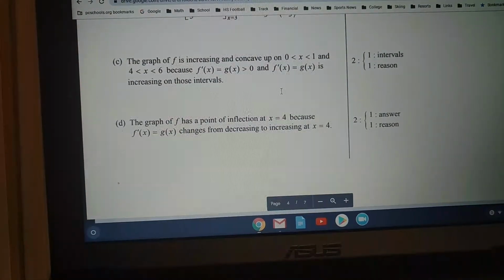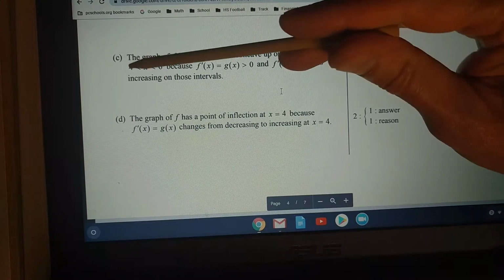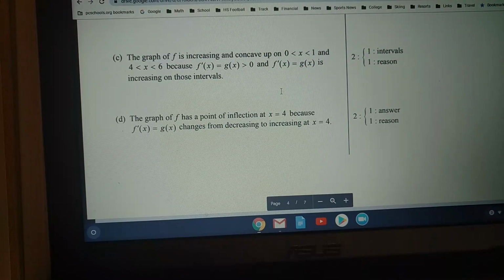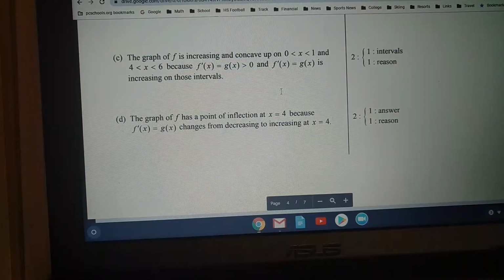And then part C, you get 1 point for your correct intervals. That's from 0 to 1 and 4 to 6. If you get both of those intervals, and you have to have both of them, you get 1 point. Now for your reason, I will say this: if all you have are the intervals, no reasoning whatsoever, it's a 0. So you must have reasoning, and in order to get the reason point, it must be good reasoning.